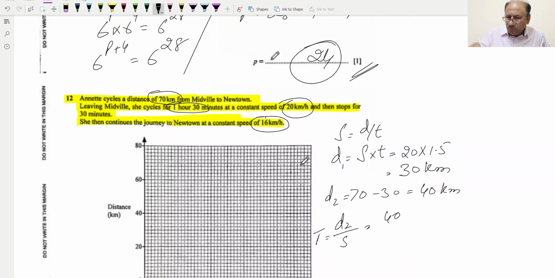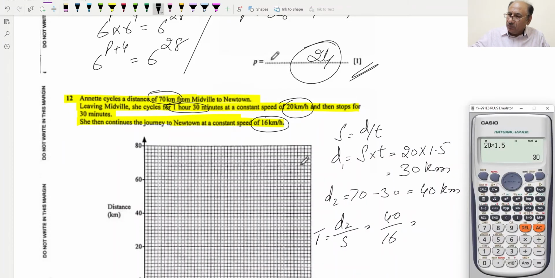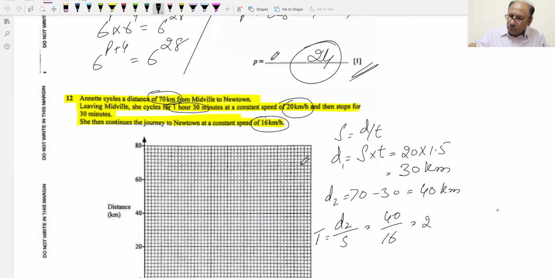So 40 divided by the speed, which is 16, and this will be equal to how much? 40 divided by 16 will be equal to 2.5, and if we want to get the hours and minutes, we will press the time button, and this is the time button which we can press, and this will be 2 hours and 30 minutes. So 2 hours and 30 minutes is the time taken for this remaining journey.